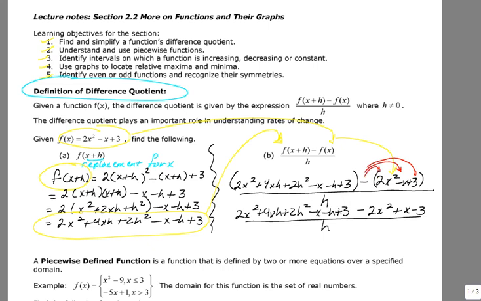Now here's the goal. What you're going to see is a lot of stuff is going to cancel in that numerator, like this 2x squared and that 2x squared. This positive x, that negative x. This positive 3, this negative 3.